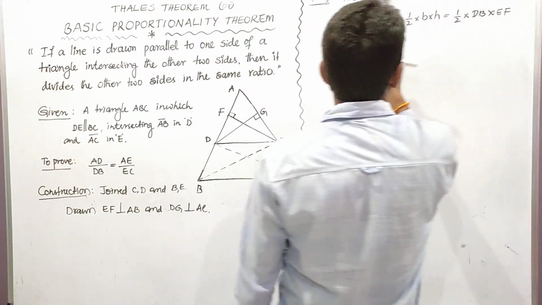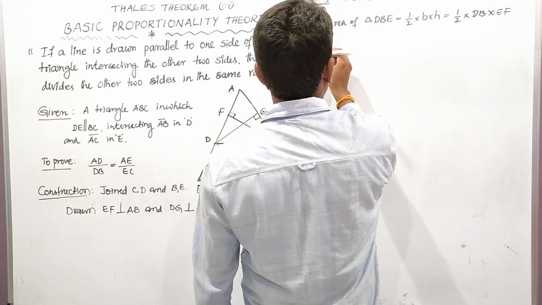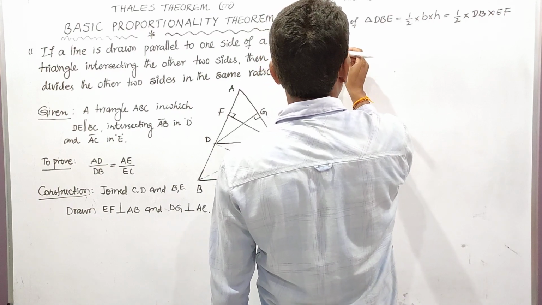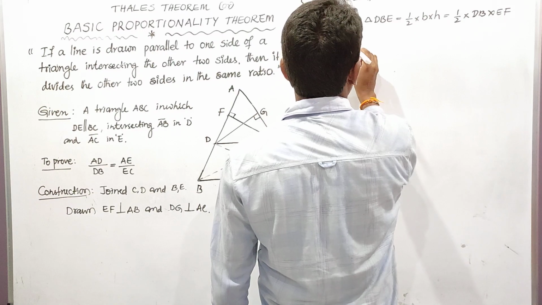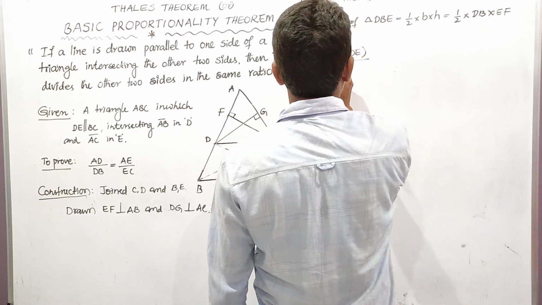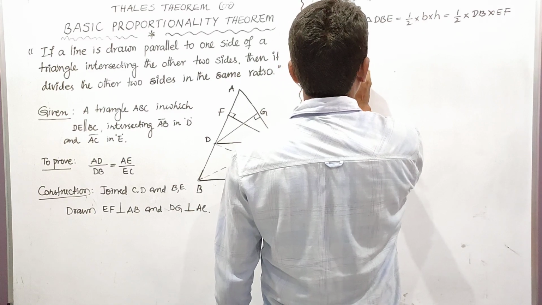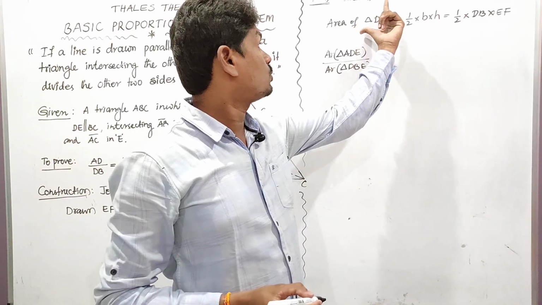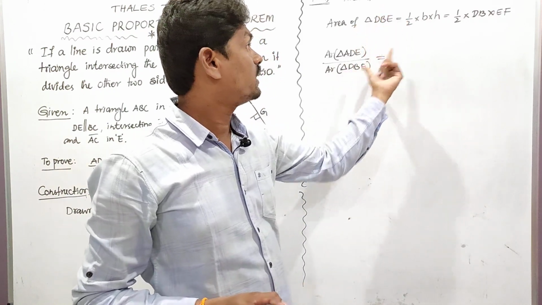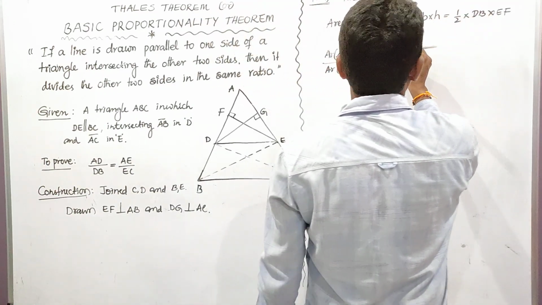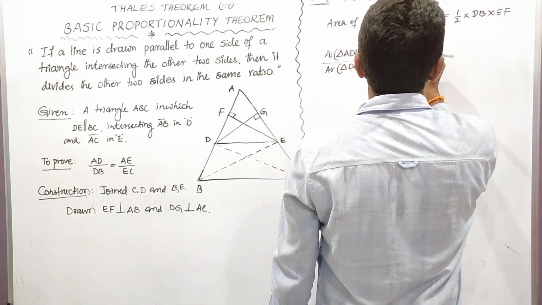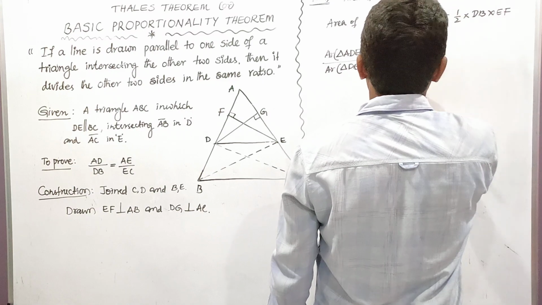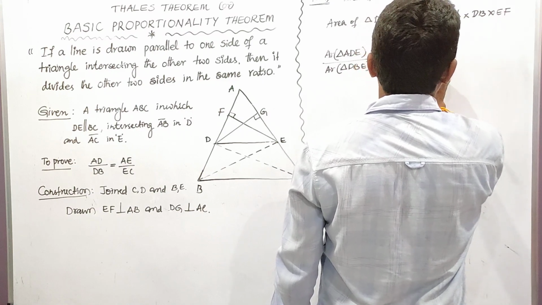So now I want to find the ratio of the areas of these two triangles: area of triangle ADE divided by area of triangle DBE is equal to, on the right hand side, half into AD into EF divided by half into DB into EF.